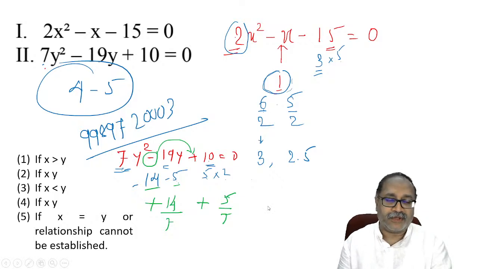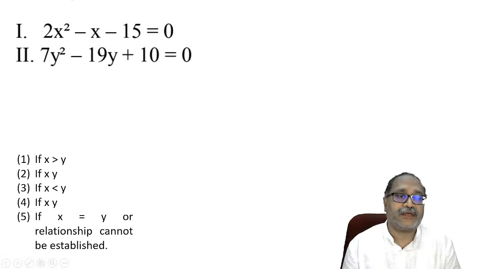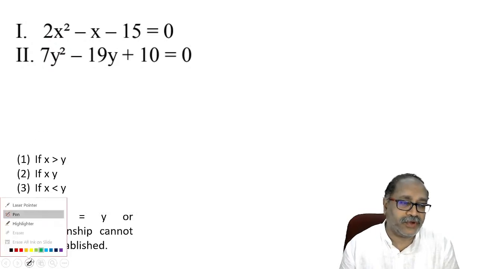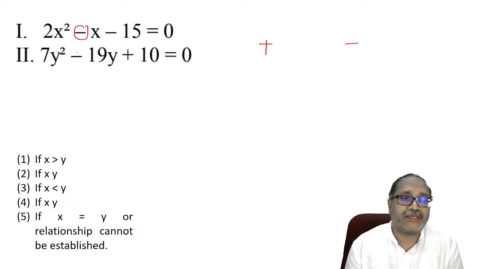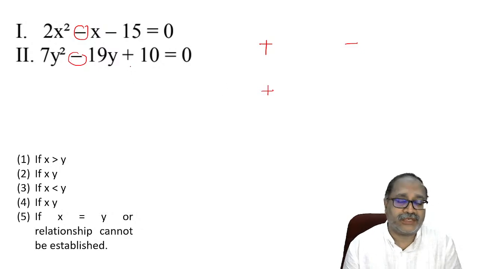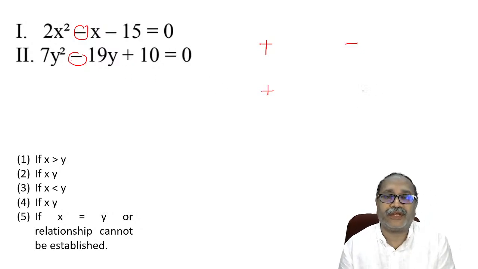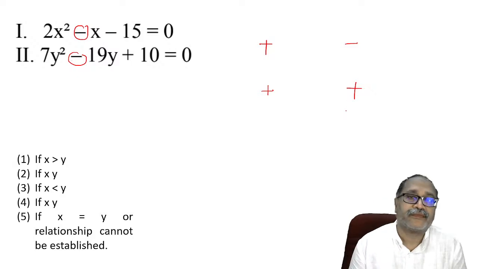I will erase this, and then I will go with the way we do it in the exam. So here the minus will become plus, and the minus will not change the next sign. So therefore it is a plus.